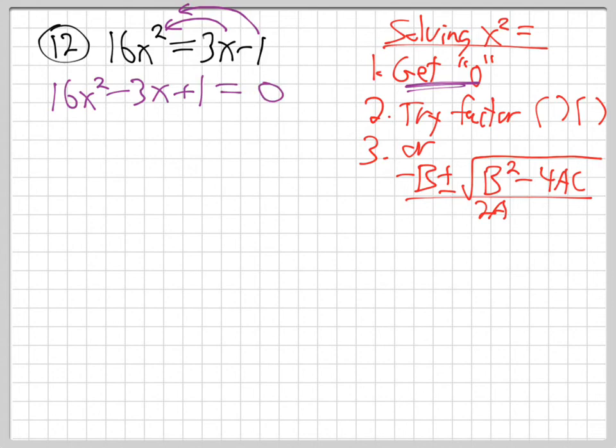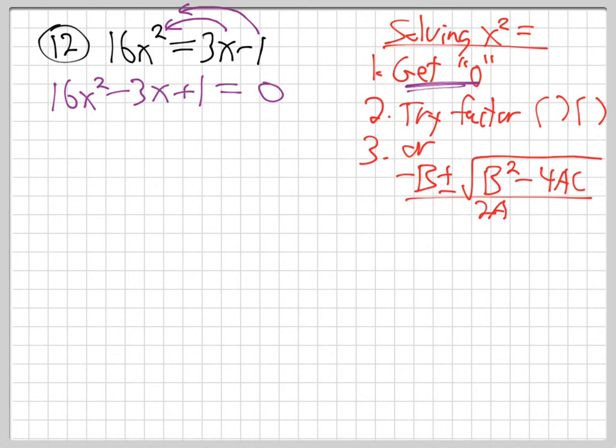Remember when things jump over the equal sign, they change signs? When things jump to the other side of the equal sign, they change signs. Remember that? So that 3x jumped over, became negative 3x, and that negative 1 jumped over, became positive 1. They switched signs. We good to there?